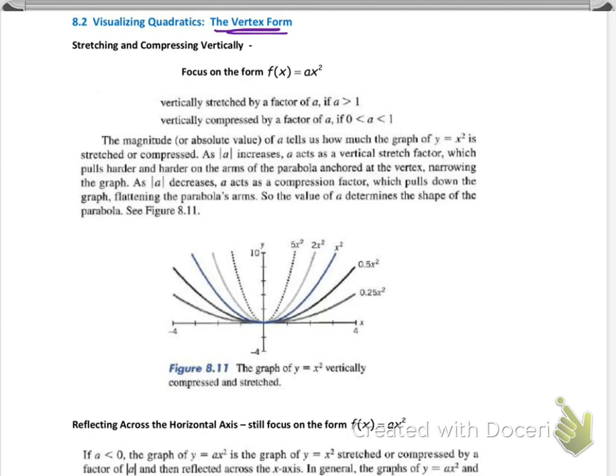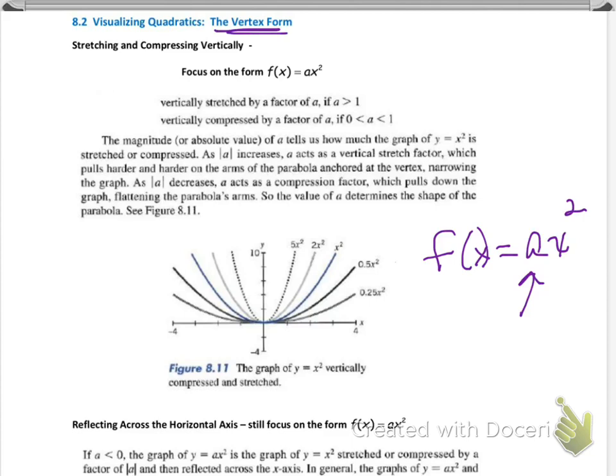So if your basic equation of a parent function type parabola is ax squared, what a is has an impact on how your parabola looks. So if a is a number that is less than 1, well, these are all positive numbers, by the way, you have what they call a vertical compression.